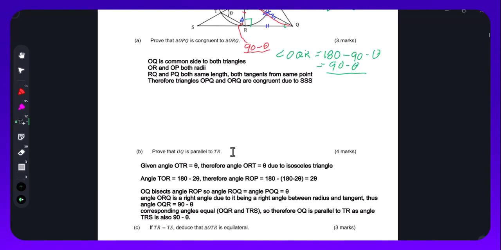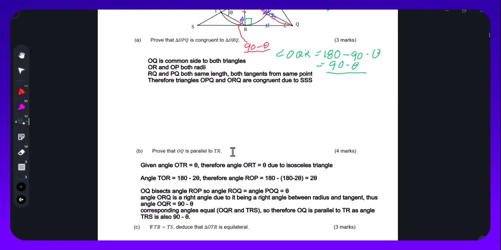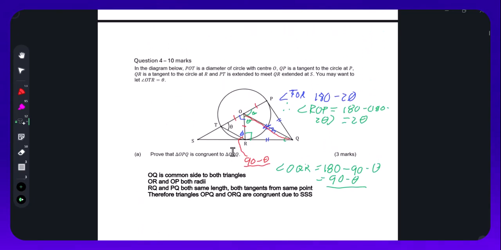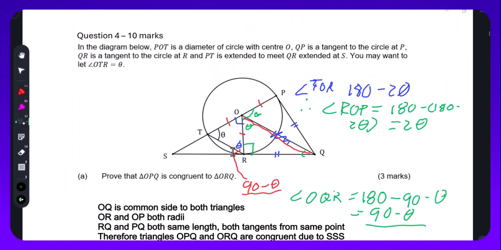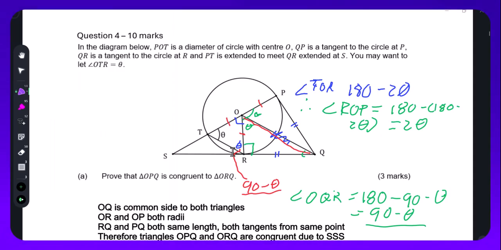Anyways, we're going to move on to the next part, which is if TR equals TS, deduce that OTR is equilateral. So zoom in a little bit. We'll go a different color. Let's go purple. We're saying that TR, that line there, is going to be the same as TS.